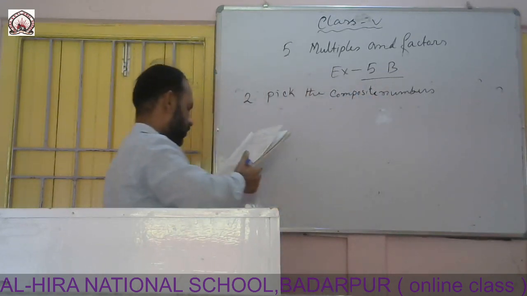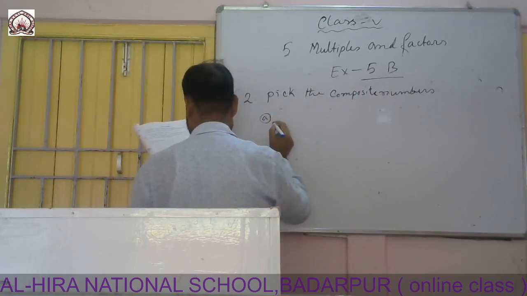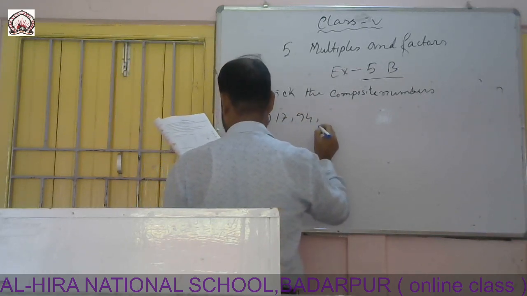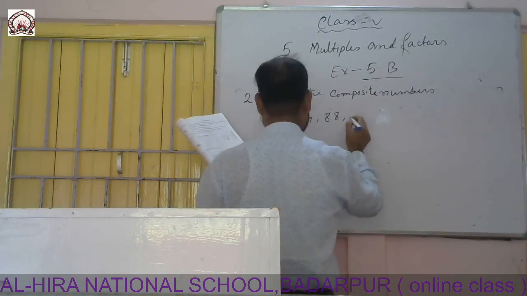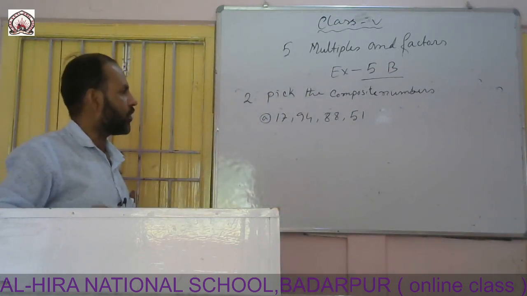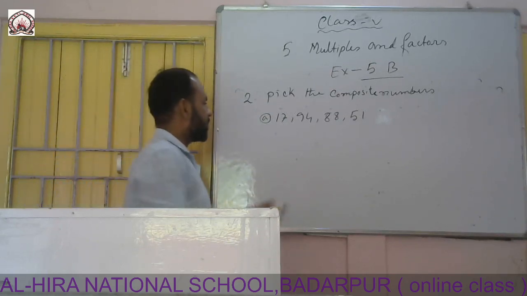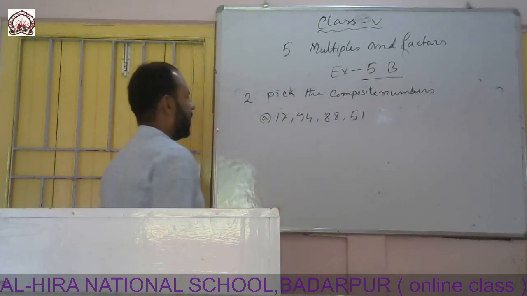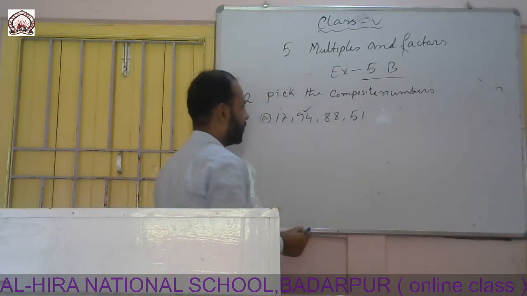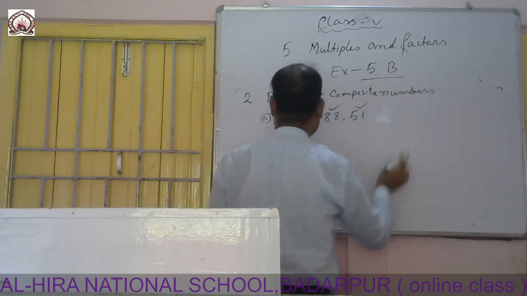Number A: 17, 94, 88, 51. So here we take out the composite numbers, which have more than 2 factors. So 17, we know 17 is a prime number because it has only 2 factors, 1 and itself. 94 has more than 2 factors, 88 has more than 2 factors, 51 has more than 2 factors.